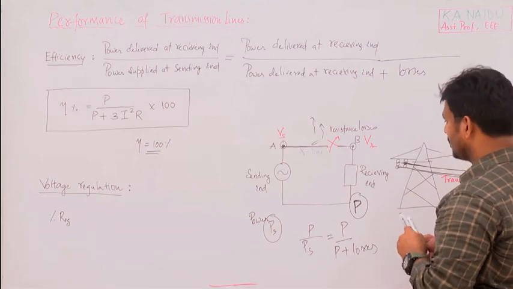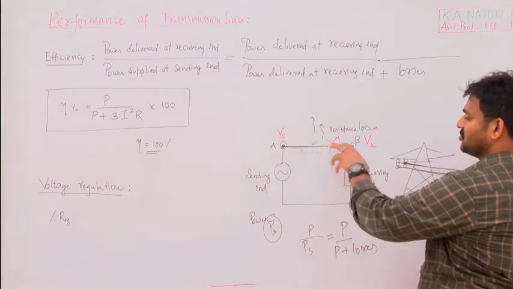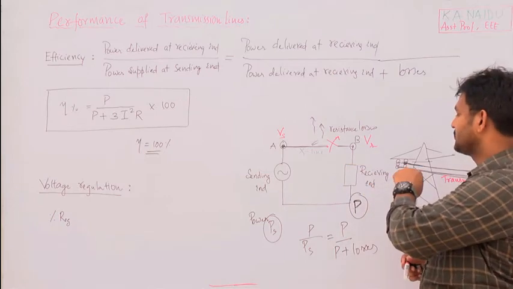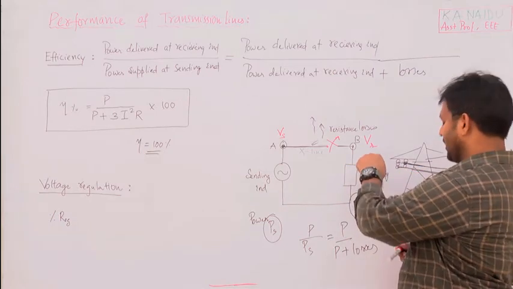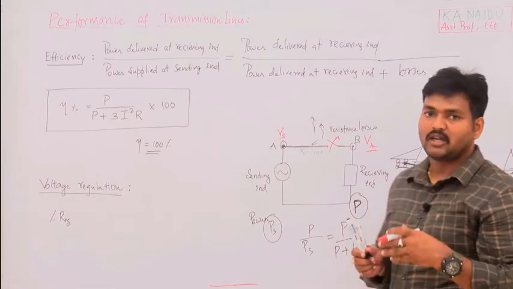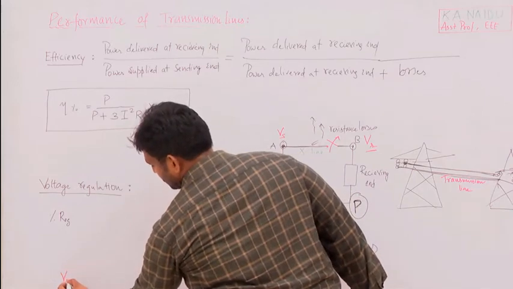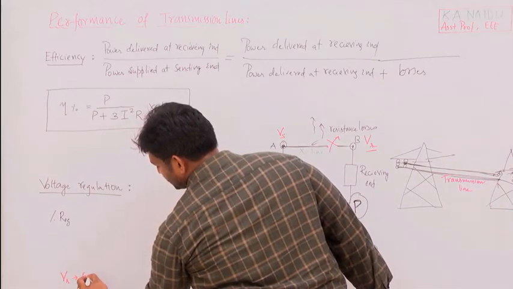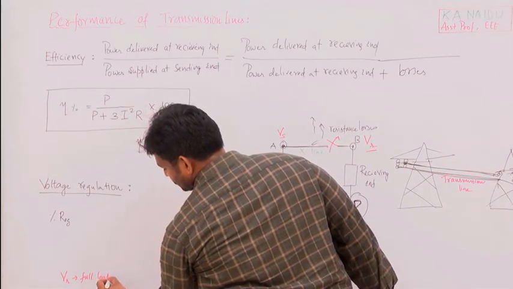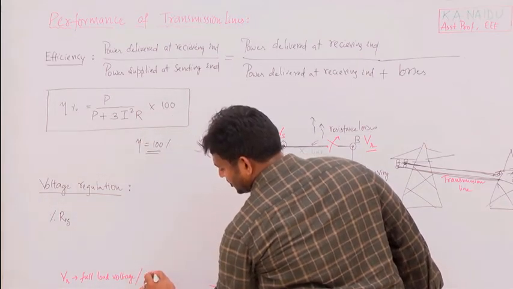Now, when the switch is closed, the power is transmitted from sending end to receiving end. The voltage at the receiving end can be taken as full load voltage, or you can also call it as rated voltage.